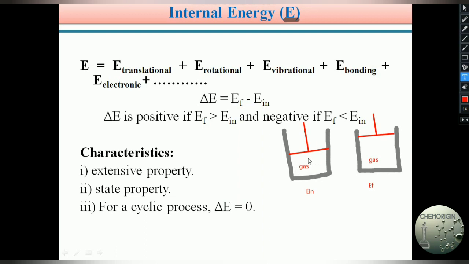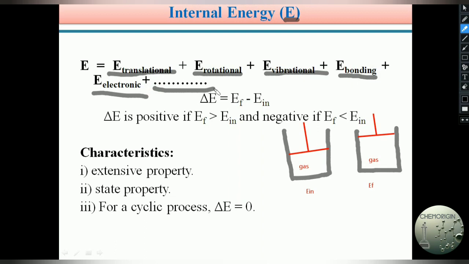Gas is our system. So this gaseous system is having different types of energies. So the total energy of the system is known as internal energy. So the gas present in the cylinder is a system. It has translational energy, rotational energy, vibrational energy, bonding energy, electronic energy, etc. Some other energies are present.